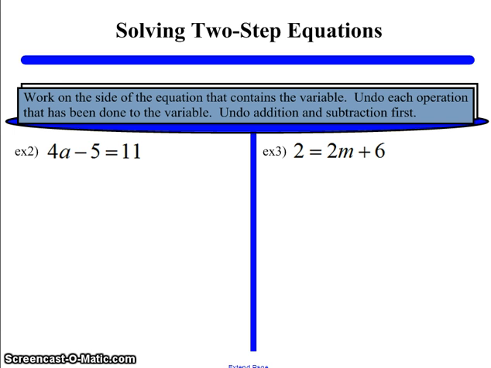4a minus 5 equals 11. I'm always going to concentrate on my adding and subtracting first. So if I want to focus on getting that a completely alone, I'm going to first need to undo that minus 5. So hopefully now you're already shouting at your computer, well, to do that we need to add 5.